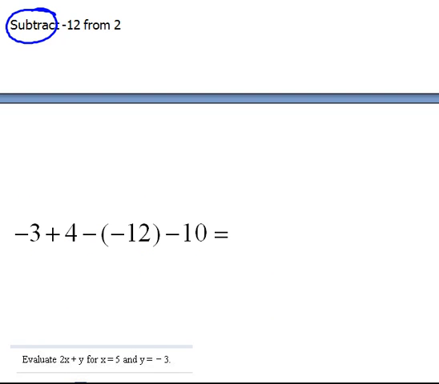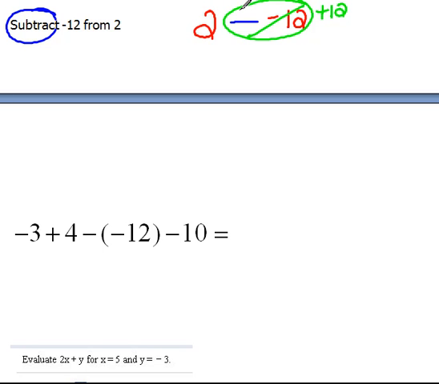In our next problem, it tells us to subtract a negative 12 from a 2. Well, our key word here being subtract, so we know we're going to be minusing something. You have to really pay attention because this one has very weird wording. We are subtracting, or taking away, this number from this number, which means when we set it up, we have to show that we are taking away the negative 12 from the 2.